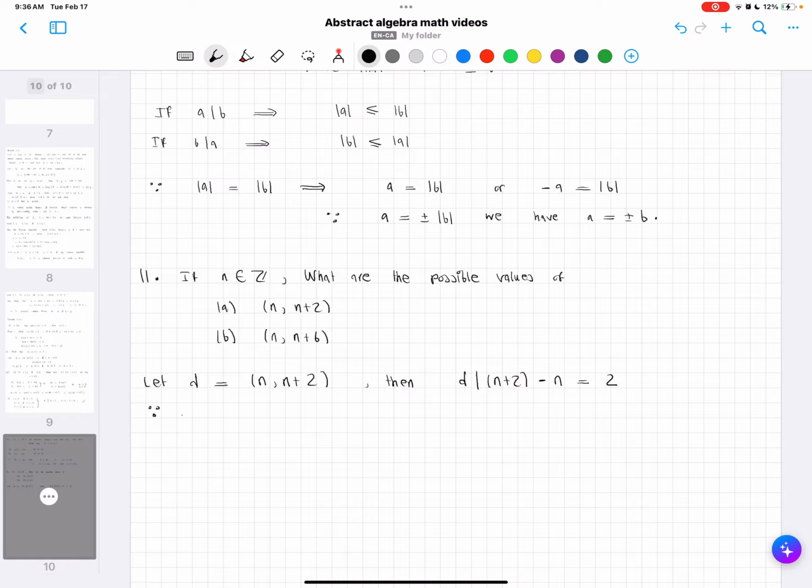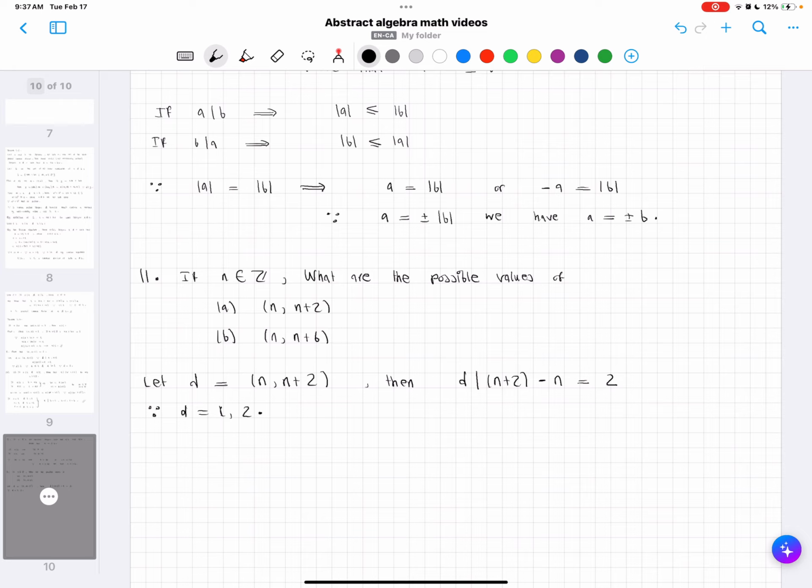So D is equal to 1 or 2. Because we know that D has to divide n and has to divide n plus 2, so in particular, it has to divide their subtraction. And so D has to be one of the factors of 2. So the possibilities are 1 and 2.